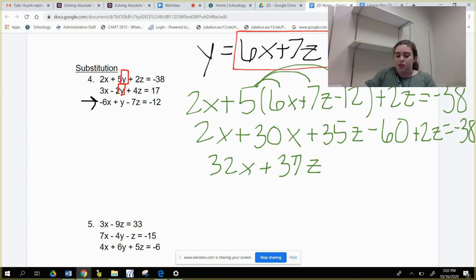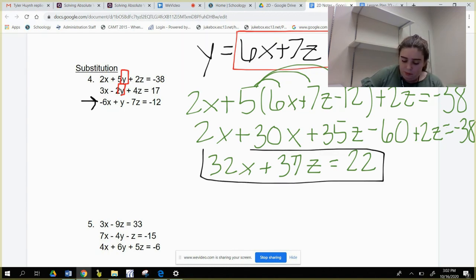And then that -60 we can move to the other side, so add 60 to both sides. It goes away on the left, and on the right -38 plus 60 gets us positive 22. So that is our first equation that we're going to want to hold on to. I'm going to box that in right there. All right, so that's that first one.